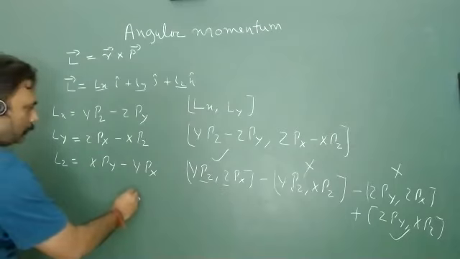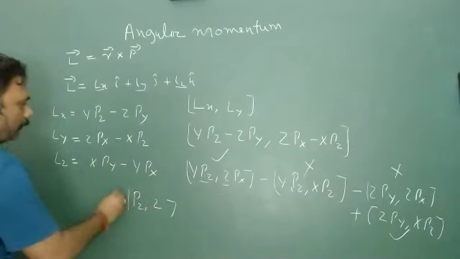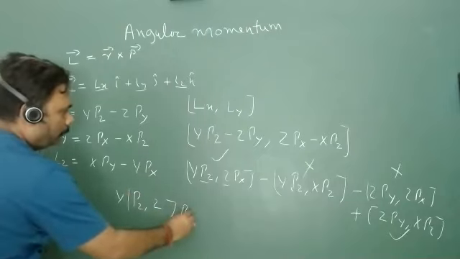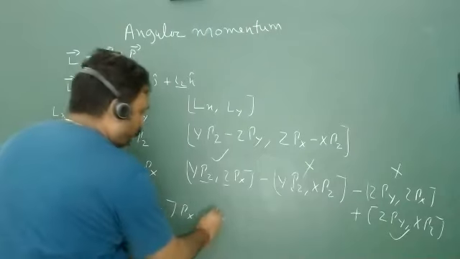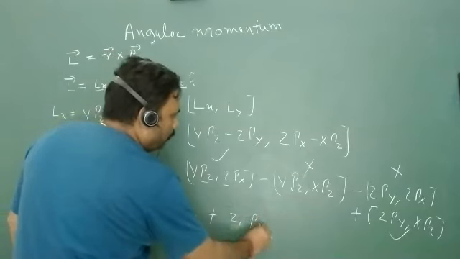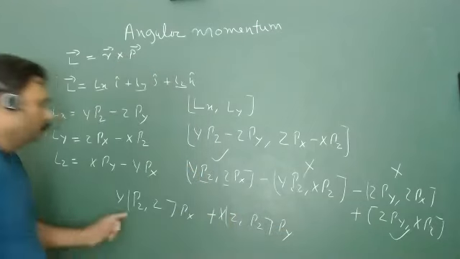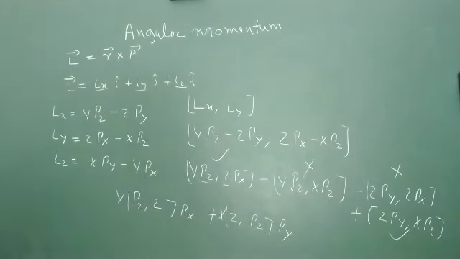So which terms survive? Here pz with z, and you have y px, plus this term z pz, with py and x. What is [z, pz]? It is i h-bar.